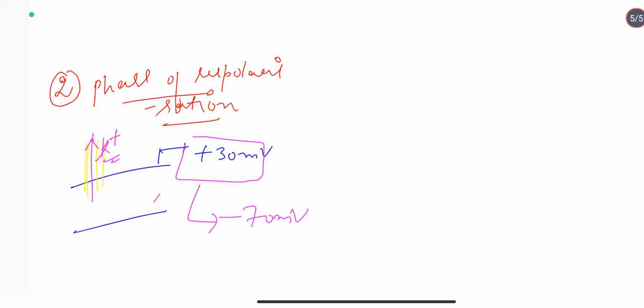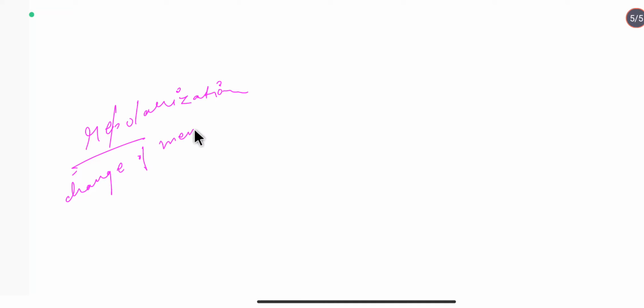So if you ask me, ma'am, can you summarize repolarization in one line? Yes, I can. Repolarization is nothing but change of membrane potential of an excitable cell, in our case neuron, from a positive value to a negative value again.